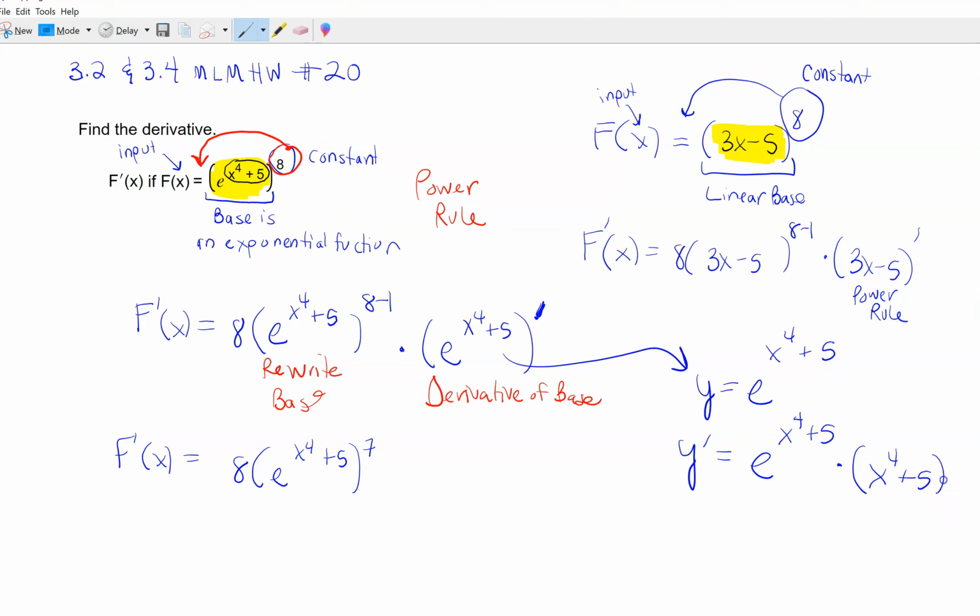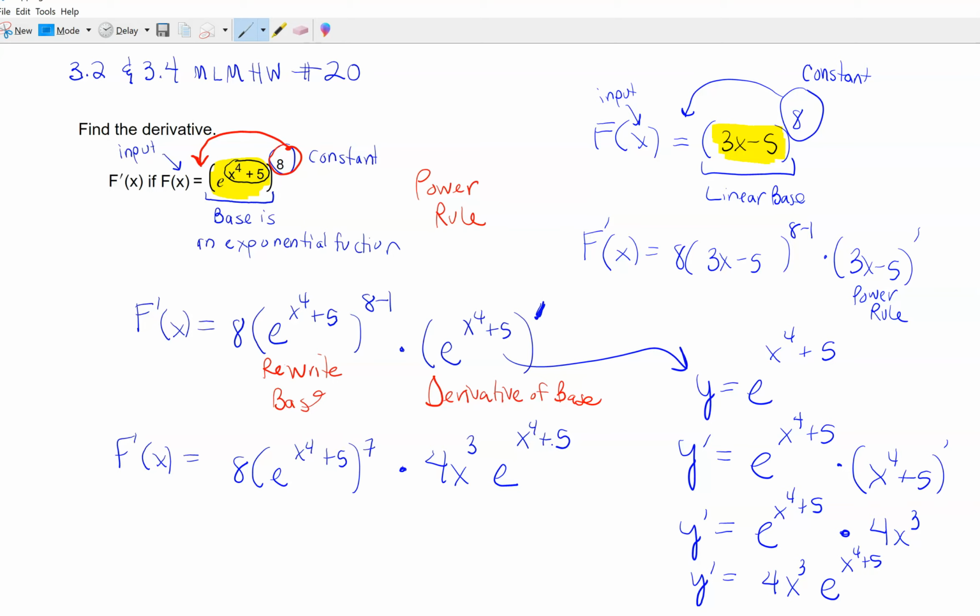So this problem has a chain rule within a chain rule. So when I take the derivative of that, I'm going to have e to this binomial exponent times the derivative of that exponent. So that would give me 4x cubed e to the binomial exponent. So that comes over here, 4x cubed e to the binomial exponent.